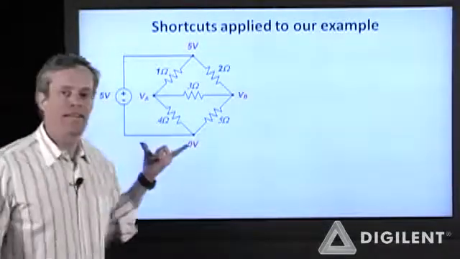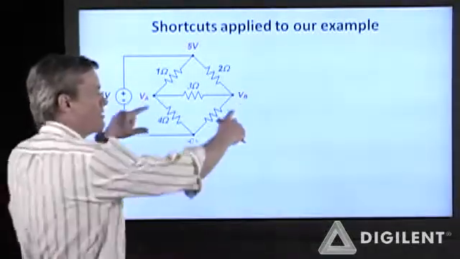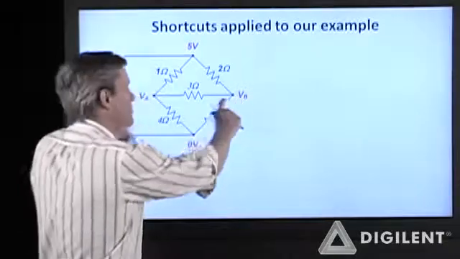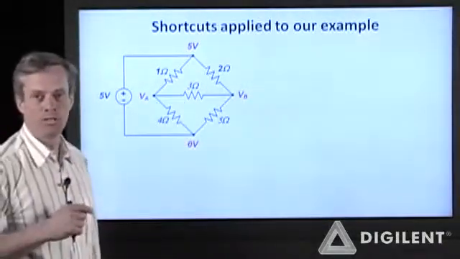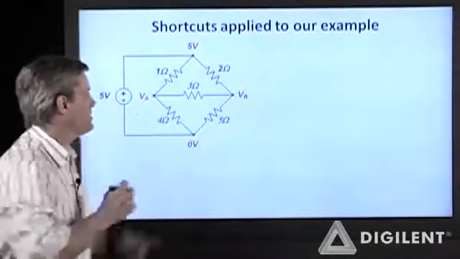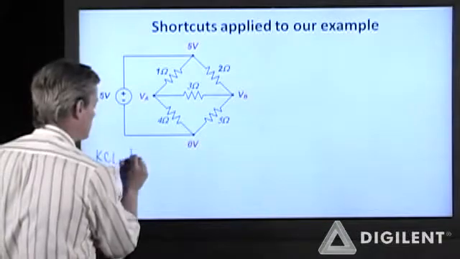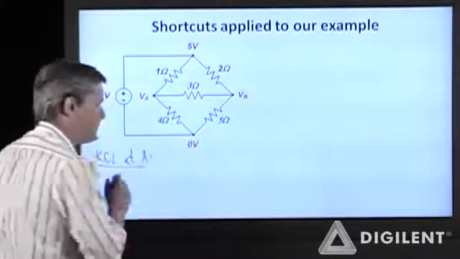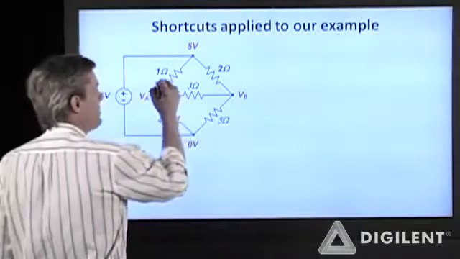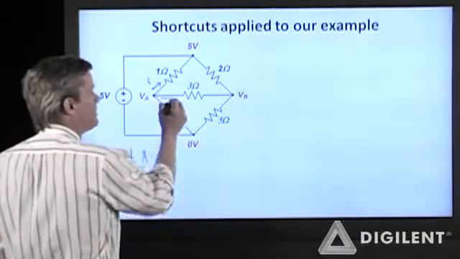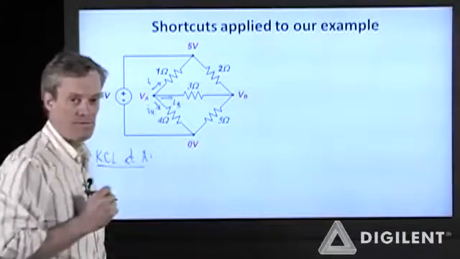Now, I've taken an intermediate step. I've already assigned my reference voltage node. I've determined my independent node voltages, and I've determined my dependent voltage. Now what I'm going to do is apply KCL at A using my shortcut approach. I'm going to assume that I1 is leaving this node, I3 is leaving this node, and I4 is leaving this node.